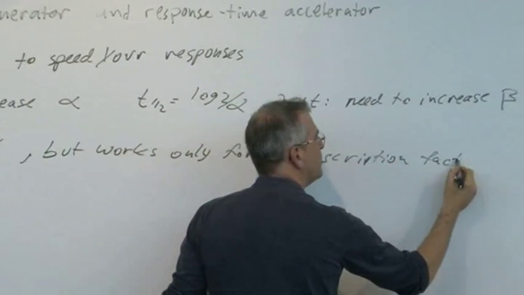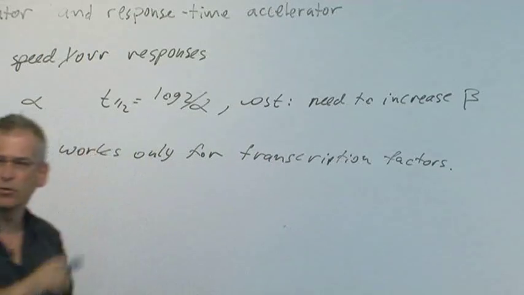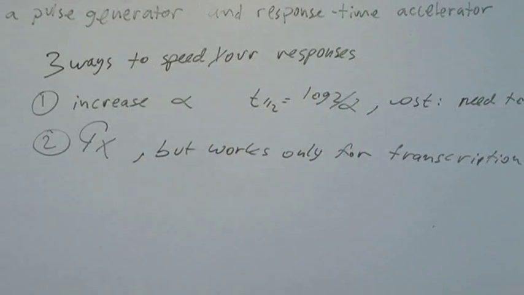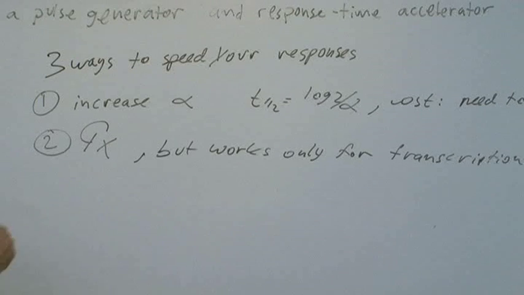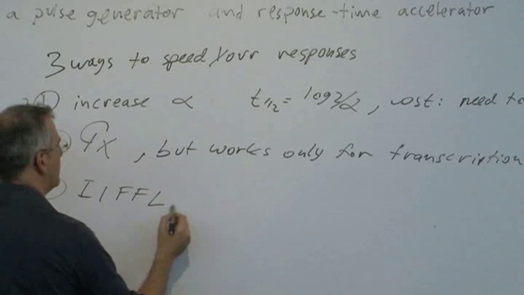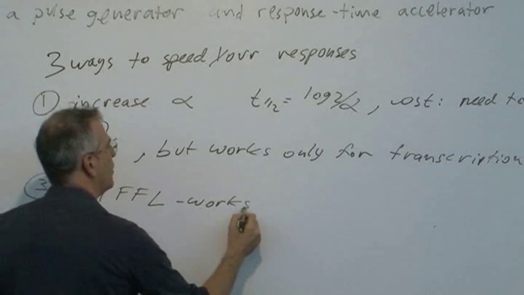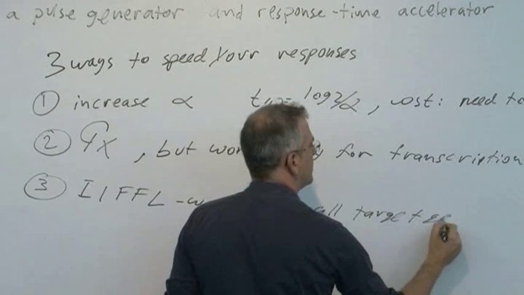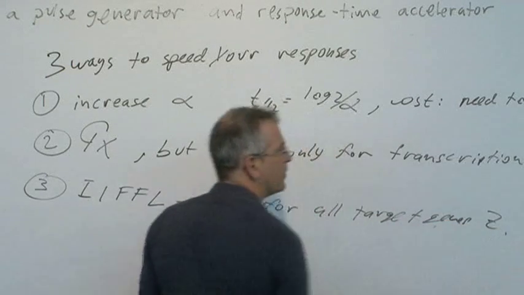That is to say, you need to be a protein that knows how to reduce its own rate of transcription. But if you're some machine, some flagellin or something, you can't do that. And then we have the incoherent feed-forward loop. It works for all target genes, Z.